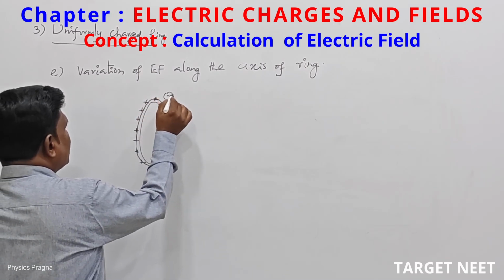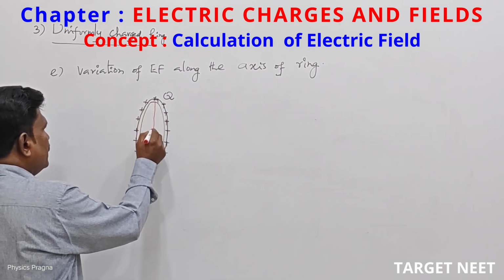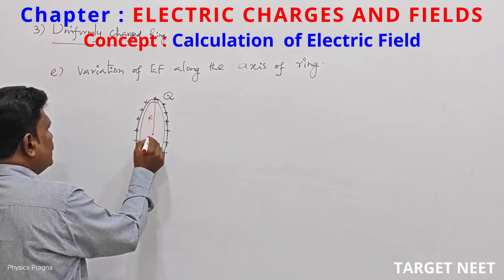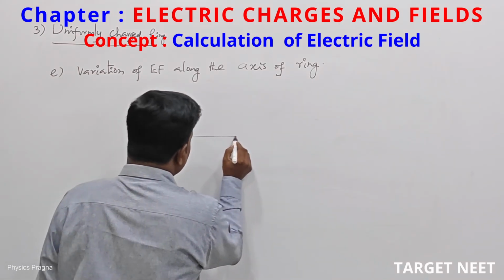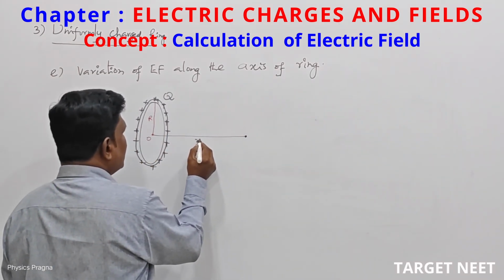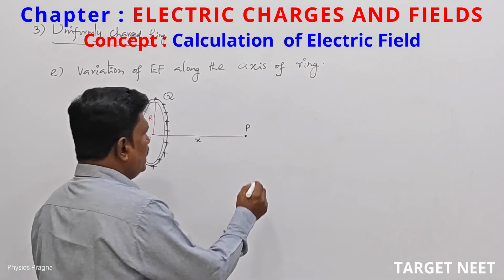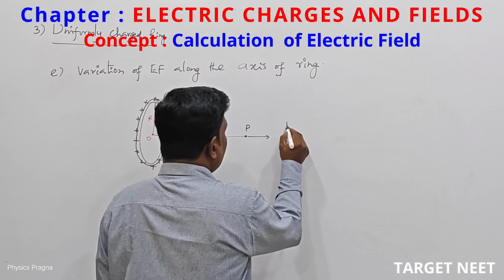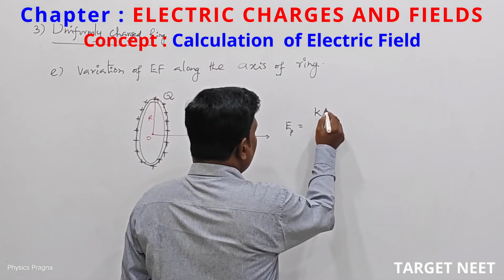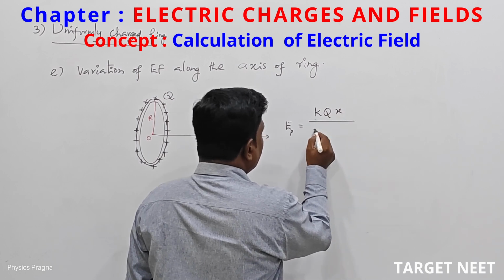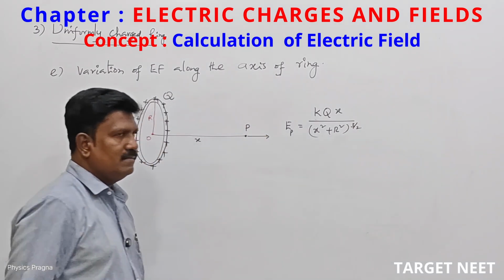The total charge on it is capital Q, and this is the radius of the ring, and this is the center O. And if you go here along the x-axis, x distance, here P, the electric field at P direction is this one, and the formula is K capital Q x by (x square plus r square) whole power 3 by 2.